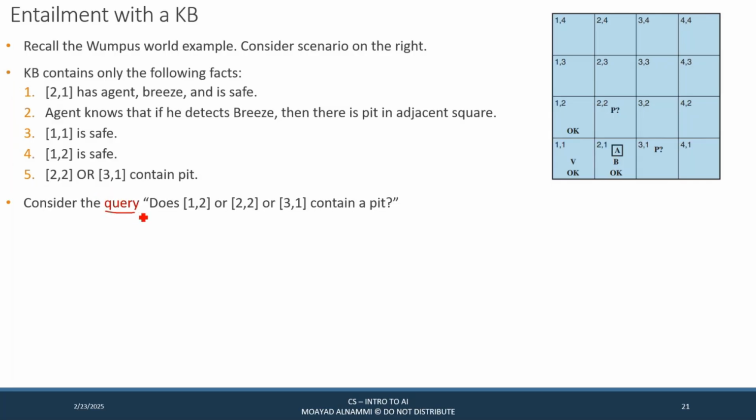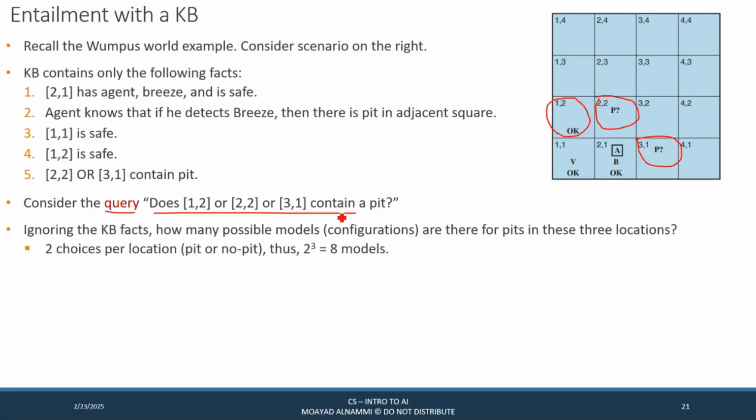Consider the following query. Let us ask the knowledge base the following question. Does the location 1-2 or 2-2 or 3-1 contain a pit, right? That is the question we would like to ask. How can we use entailment to answer this sentence?